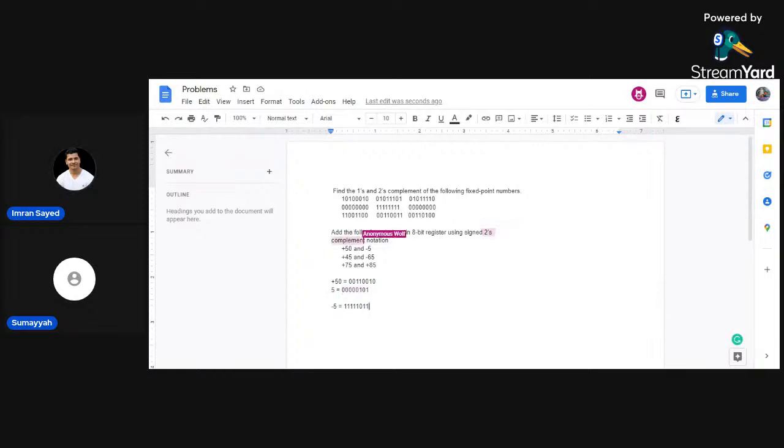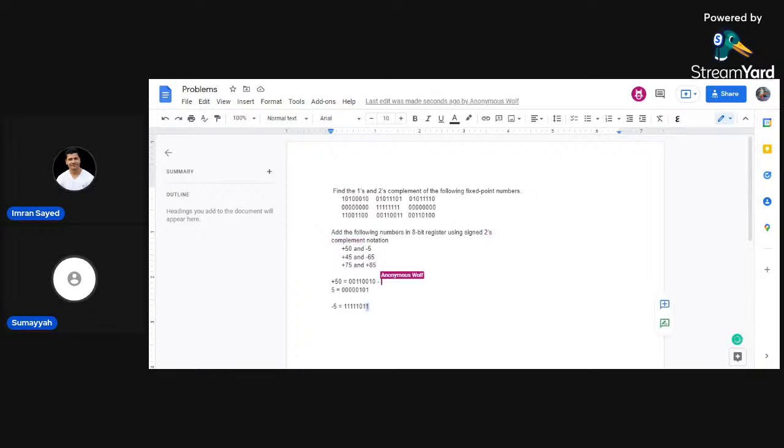So what's the difference between negative and positive? For negative numbers, we take the 2's complement. And for positive numbers? We take them as they are. They have a sign bit, so the first bit should be 0. When we take the 2's complement, the first bit will become 1. The sign bit will be 1.